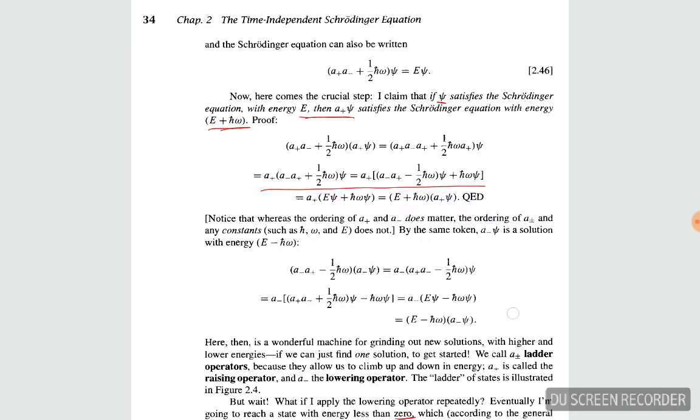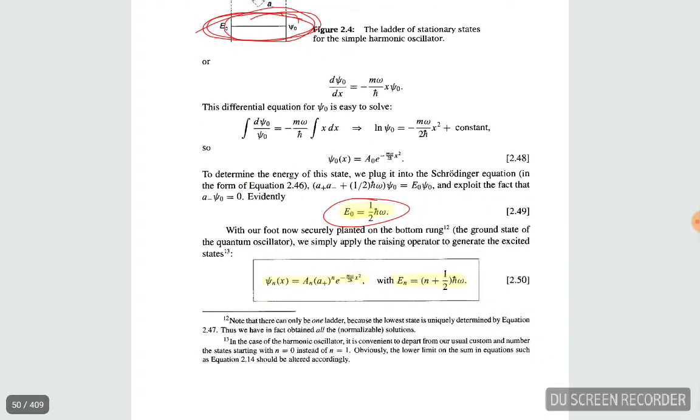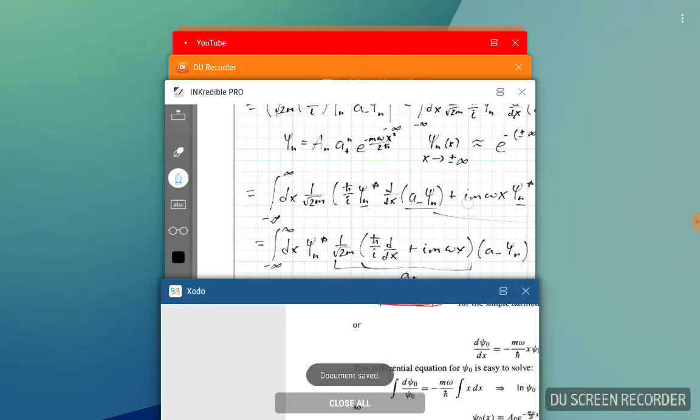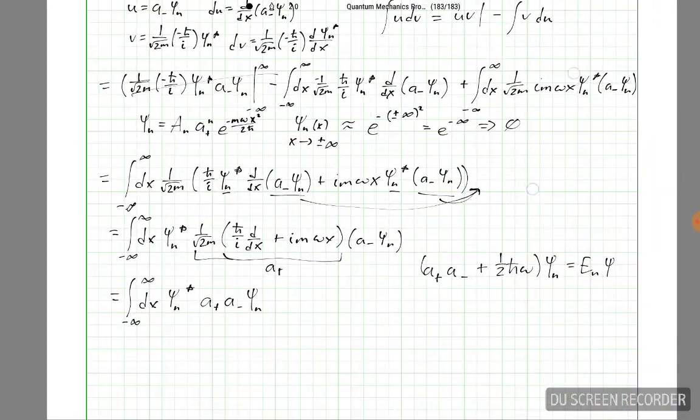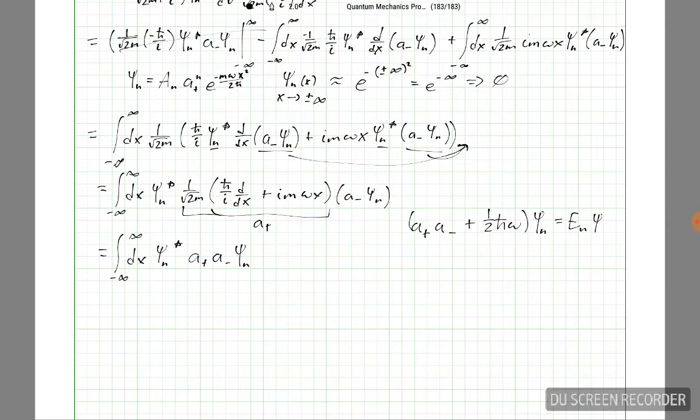So we're going to use equation 2.46. I'm also going to use equation 2.50. So we already used part of it. Now I'm going to use the second part of it. So now let's go ahead and work that out. We have a plus a minus psi n. That's going to equal En times psi minus 1/2 h bar omega psi n.